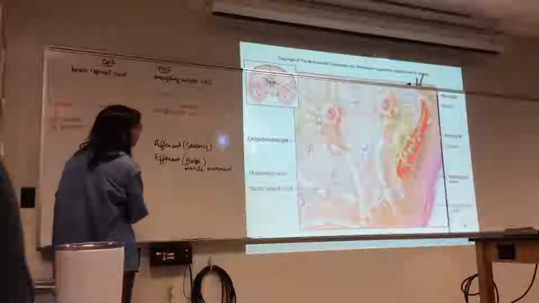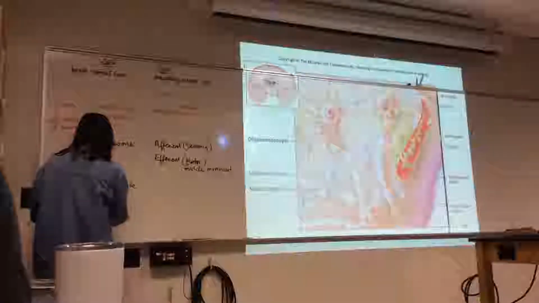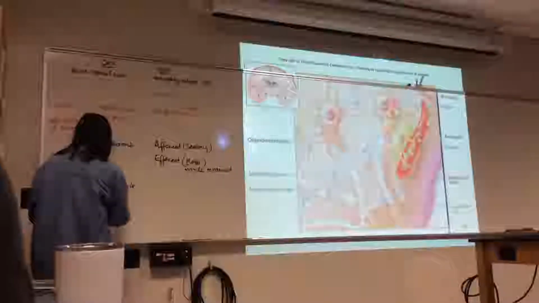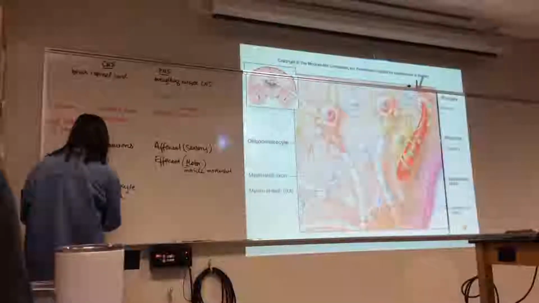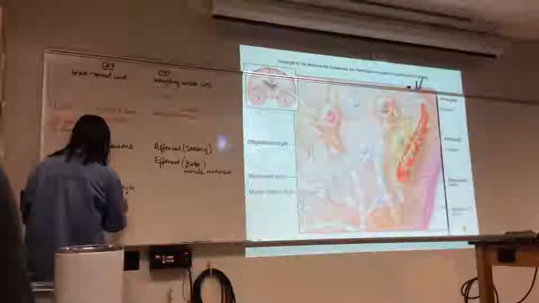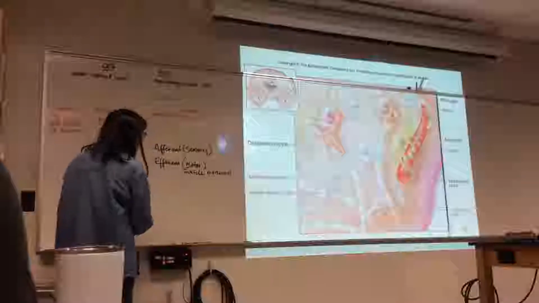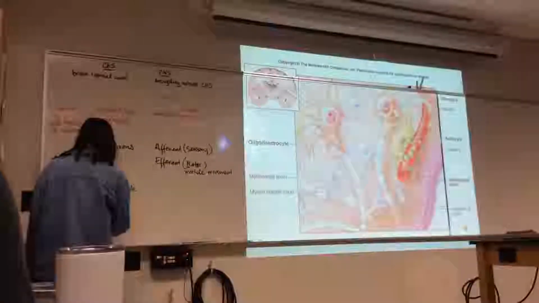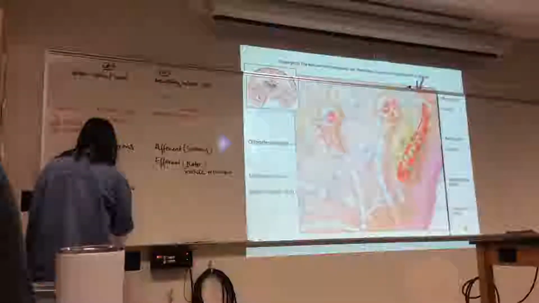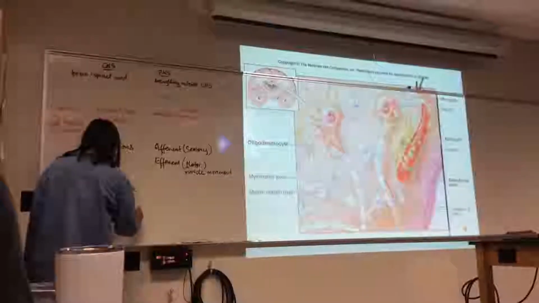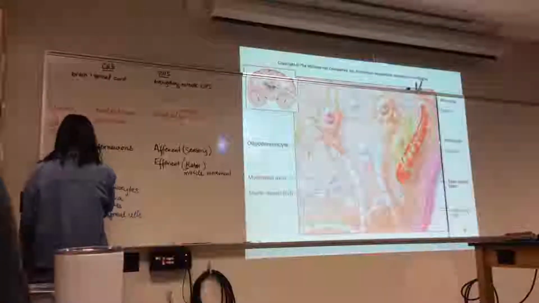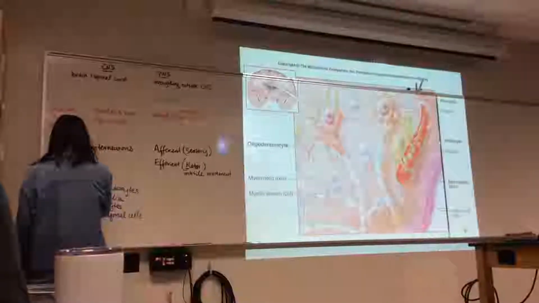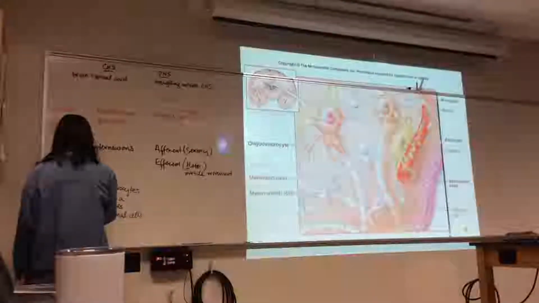We have microglia. We have astrocytes. And we have ependymal cells. So these are glia.